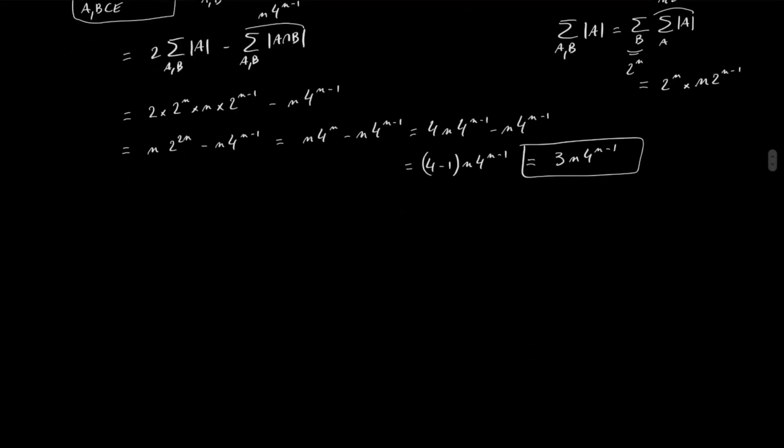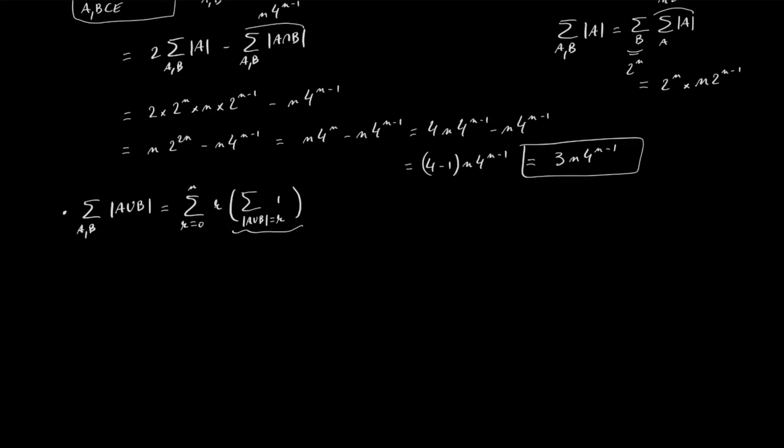The other way to do this is to write that the sum over A and B of the cardinality of the union is equal to the sum from k equals 0 to n of k multiplied by the sum over the cardinality of the union that is equal to k of 1. So we use the same trick as the intersection here.